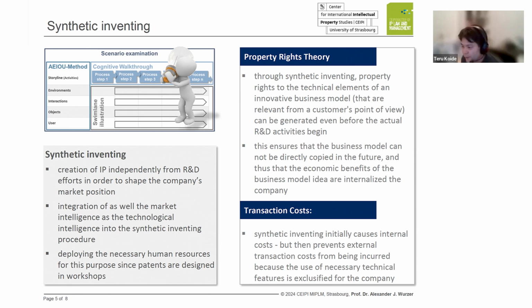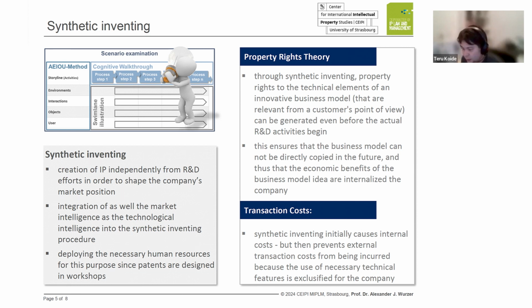The synthetic inventing process needs to integrate both market intelligence and technological intelligence. Since patents are designed in workshops, we need to deploy the necessary human resources for this purpose.